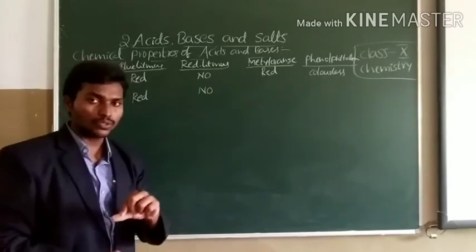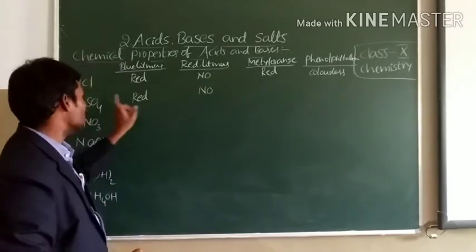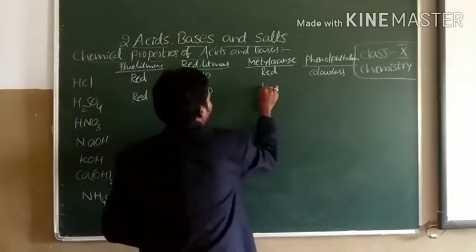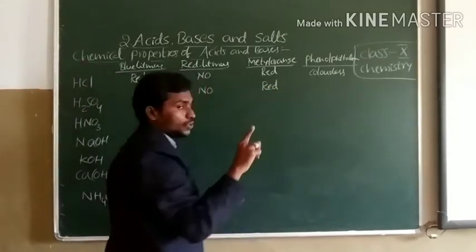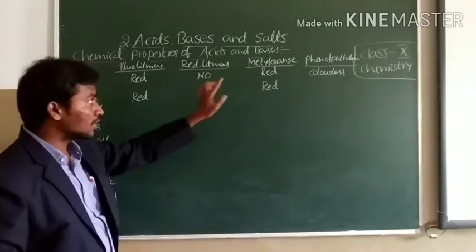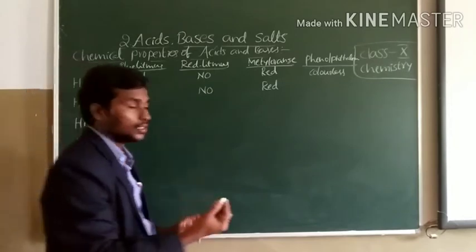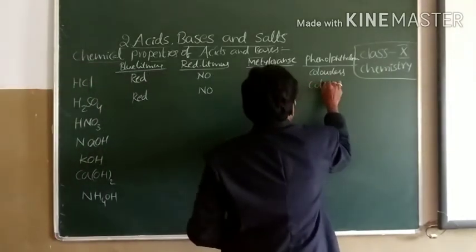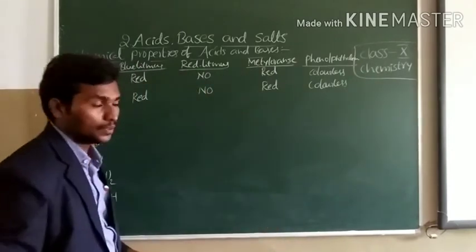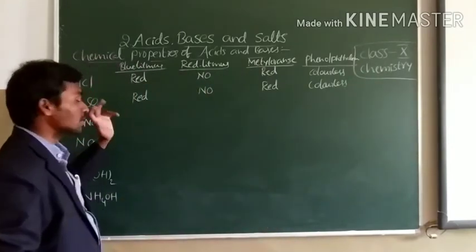When you add a few drops of methyl orange to the H2SO4 solution, the solution turns red, so it is acidic in nature. If you add a few drops of phenolphthalein, you observe it stays colorless. There is no change in the color, because H2SO4 also is acidic in nature.